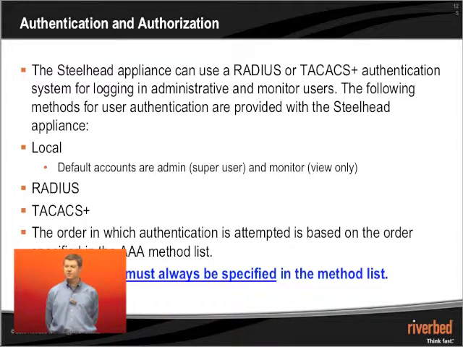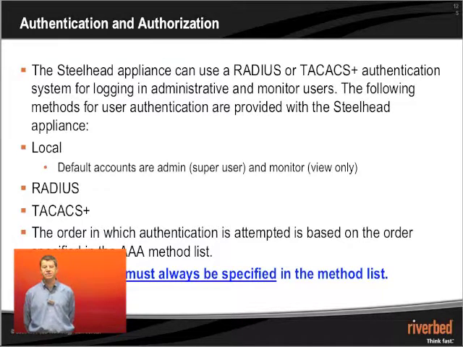Remember that TACACS goes over port 49, and the order in which authentication is attempted is based on the order specified in the AAA method list. Always make sure that the local value is specified so that if access to the RADIUS or TACACS server is lost, we still have access to the steelhead appliance directly.